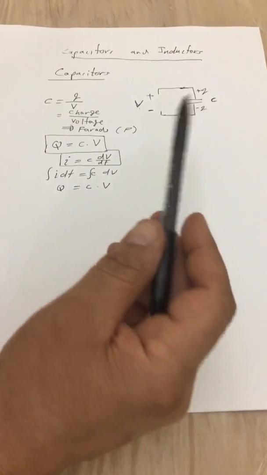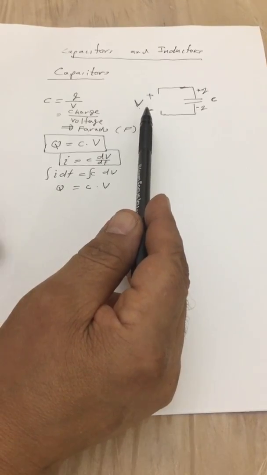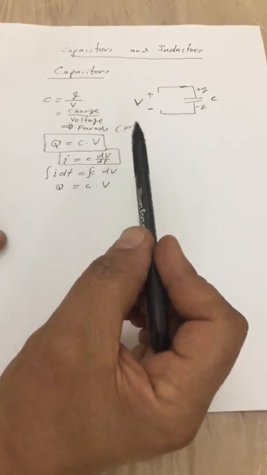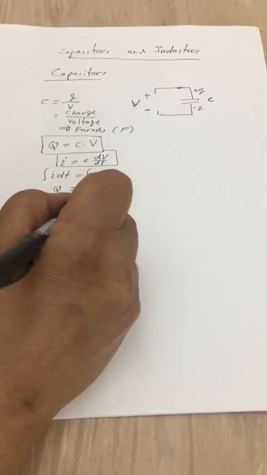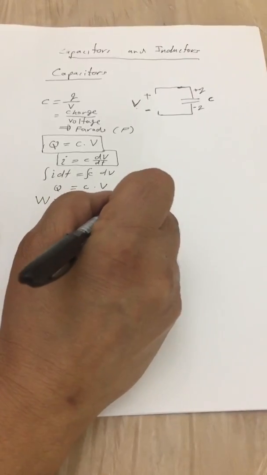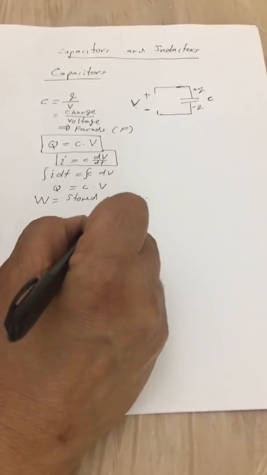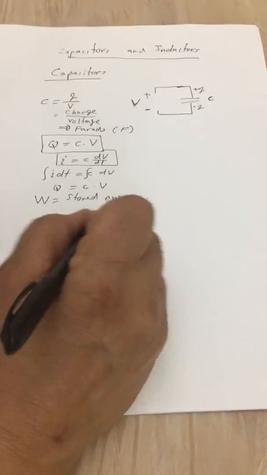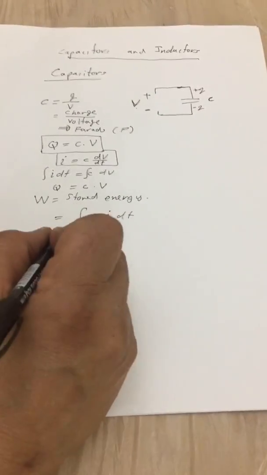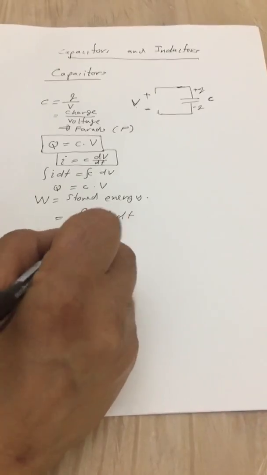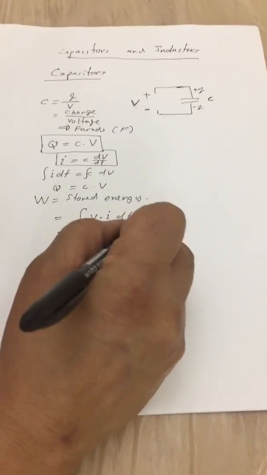A capacitor, you charge it with charge Q using a voltage source V, so it will store energy. So let's look at the stored energy. The stored energy of a capacitor is equal to the voltage times the current, and we integrate that with respect to time, which is equal to C V dV per dt times dt.